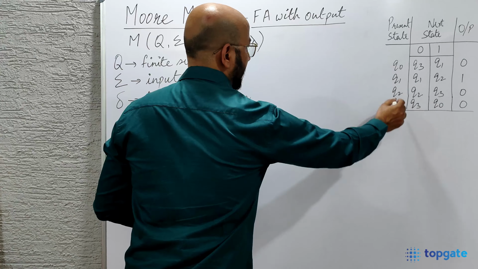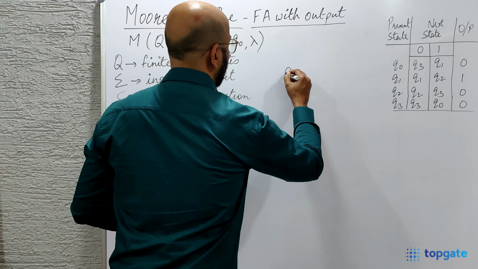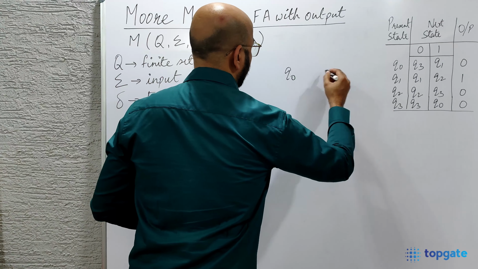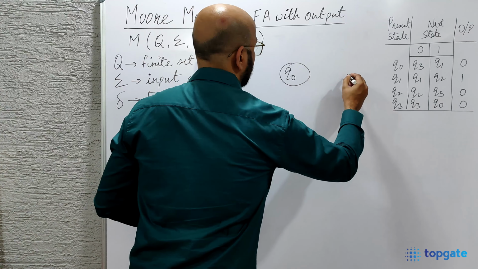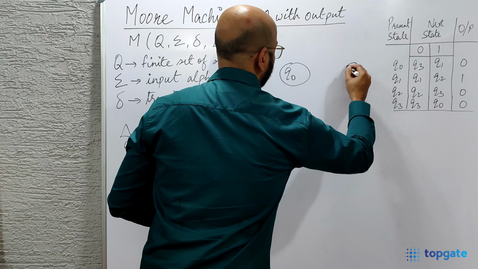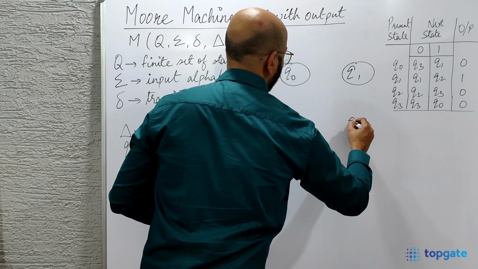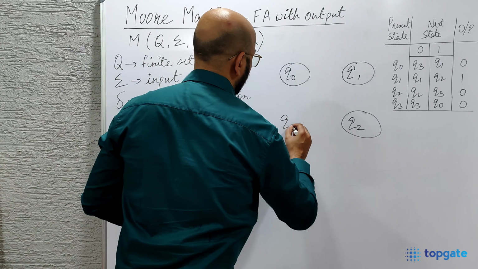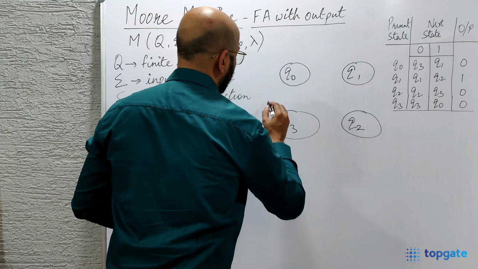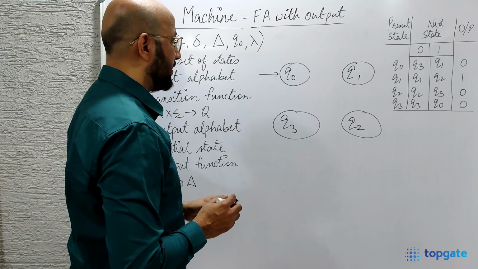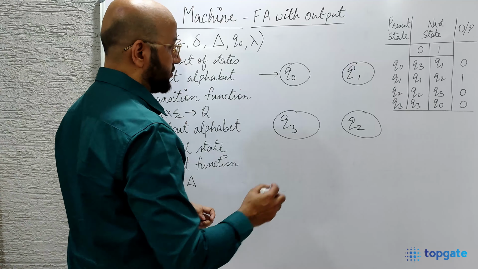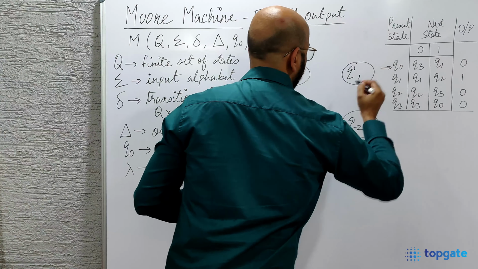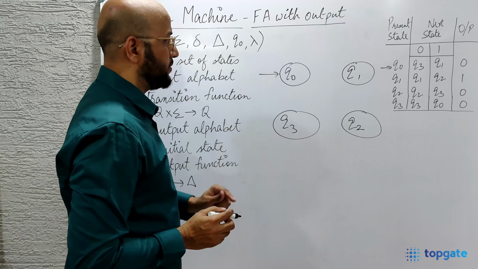So we have 4 states in this one, namely we have Q naught, and then we have Q1, and then we have Q2, and then we have Q3. Clear? So I told you that there is no final state, so I'm not marking any final state. This one can be considered as the initial state. So Q naught is my initial state.